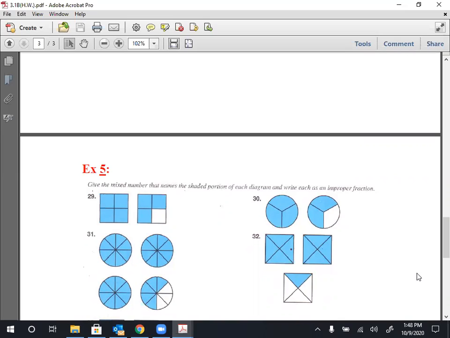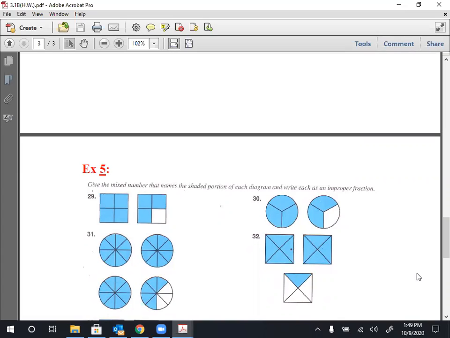And how many total? 4, right? So 29 is going to be 1 whole and 3/4. Okay?